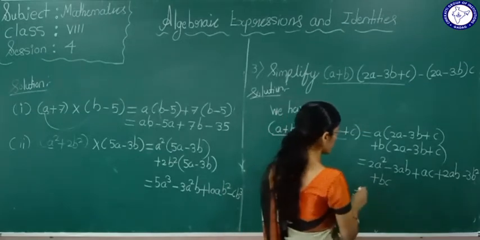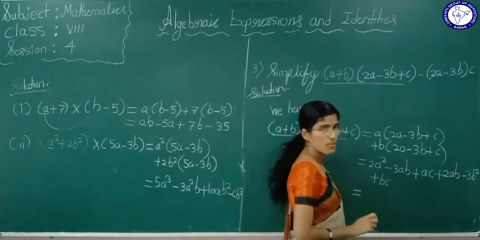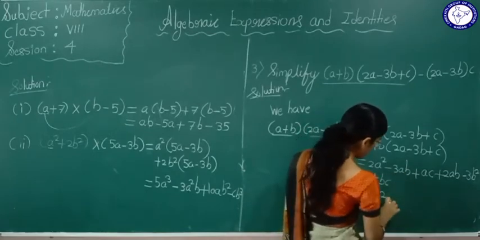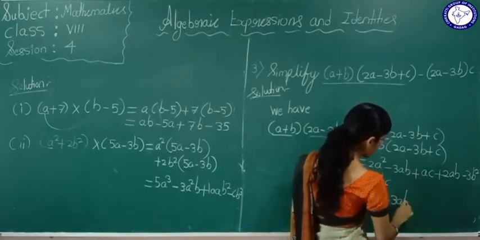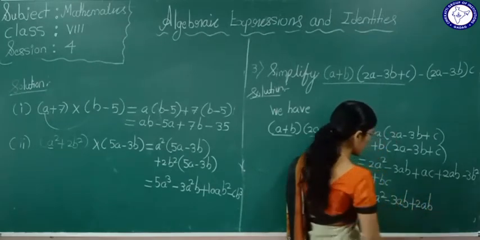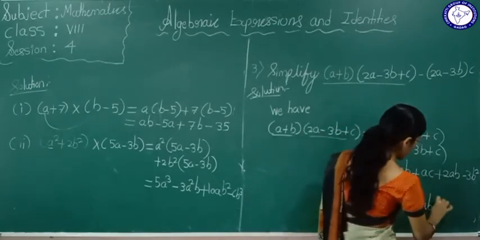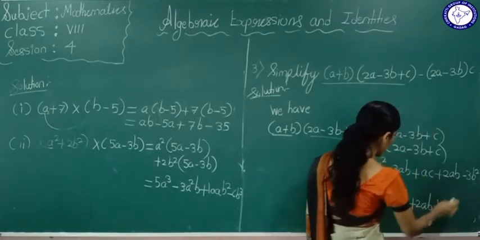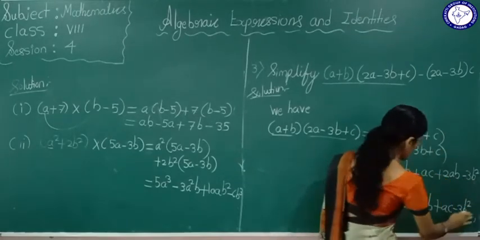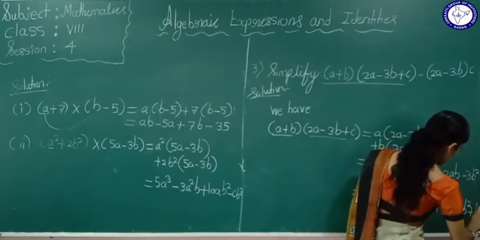Now see, we will arrange it properly. 2a square minus 3ab plus 2ab, I am writing like terms on one side, plus ac minus 3b square plus bc.